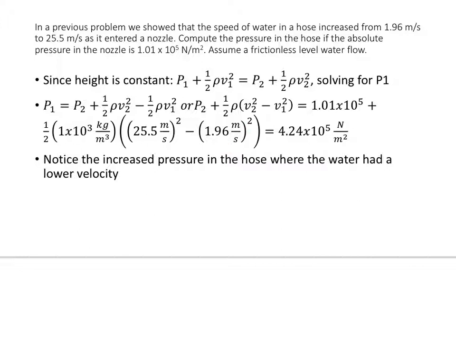So we work through the numbers, and we end up with 4.24 times 10 to the fifth newtons per square meter. So this is the pressure in the hose. Notice that the pressure in the hose is bigger than the pressure in the nozzle, and of course that's because the velocity of the water in the hose was lower than the velocity of water in the nozzle.